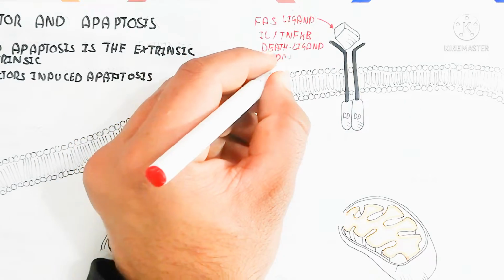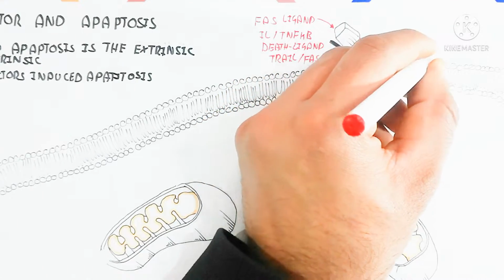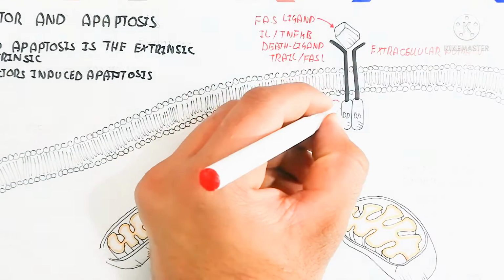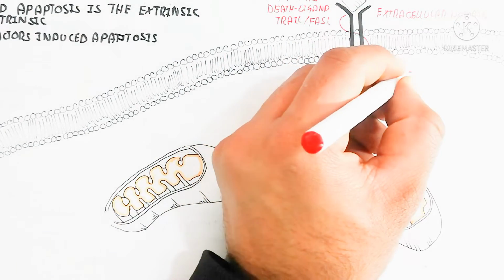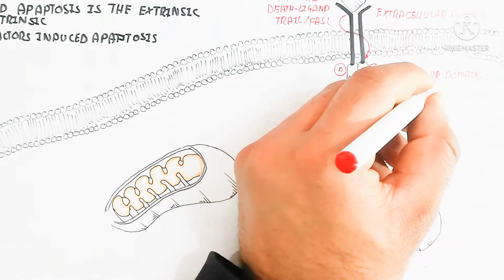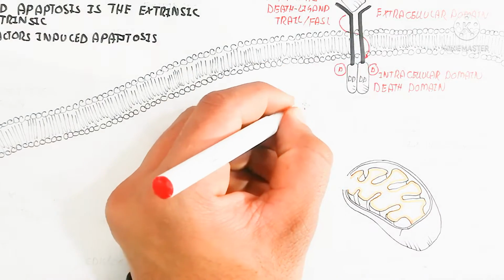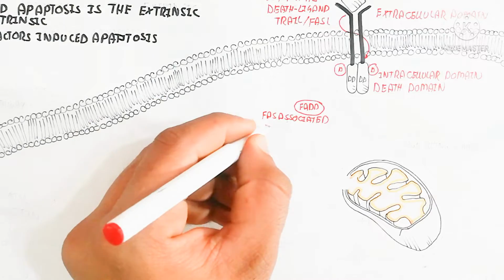That is the family of death ligands, TRAIL and Fas ligand, which are the death ligands that bind. Inside is the death domain, while the extracellular domain is the binding domain, which will trigger the intracellular death domain to recruit phosphorylation to activate the Fas-associated death domain.